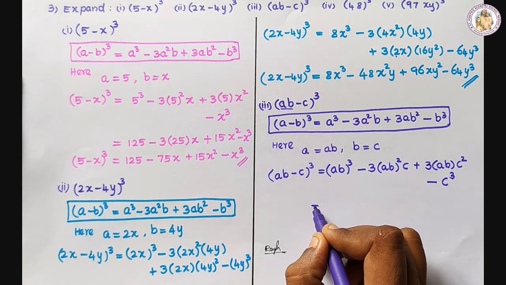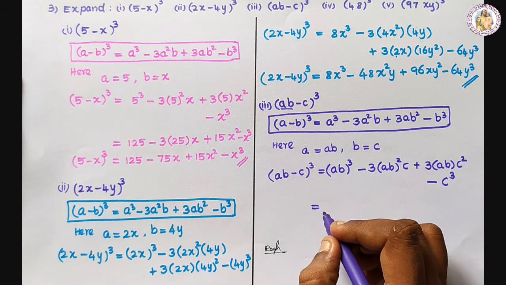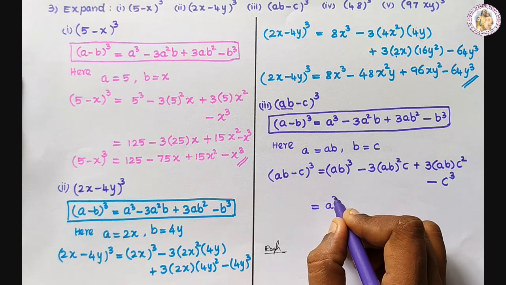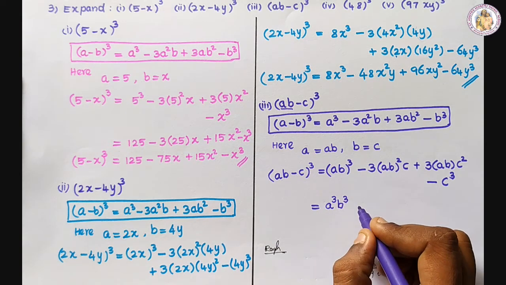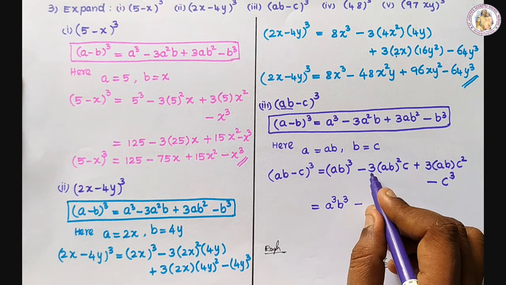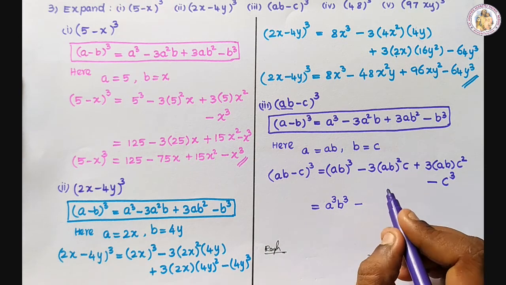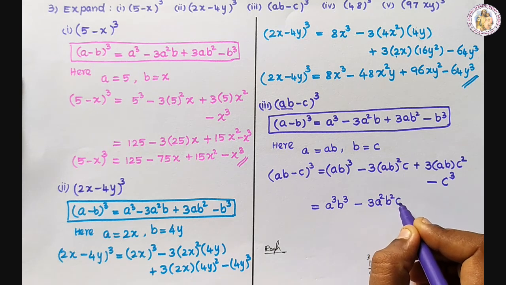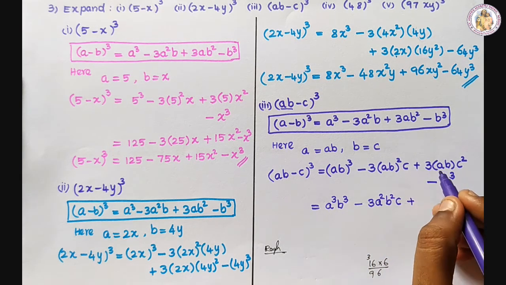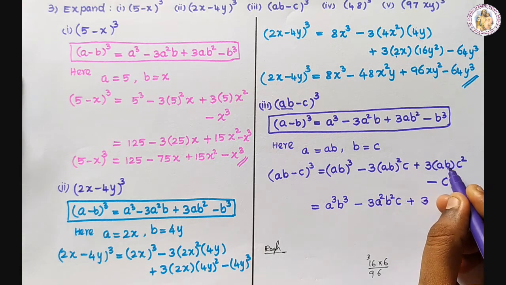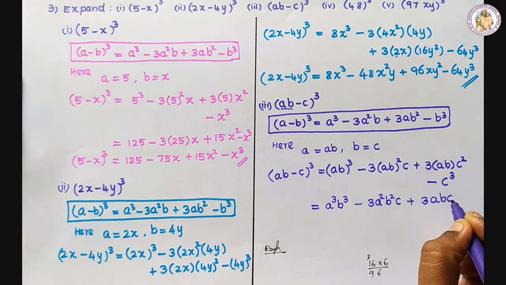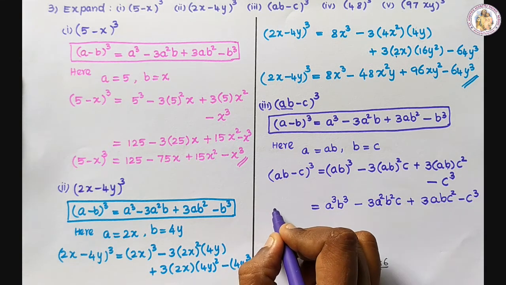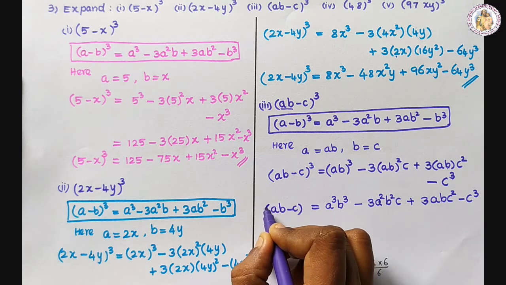Now simplify that. A cube b cube minus 3a squared b squared c plus 3ab c squared minus c cube. That is the answer for ab minus c whole cube.